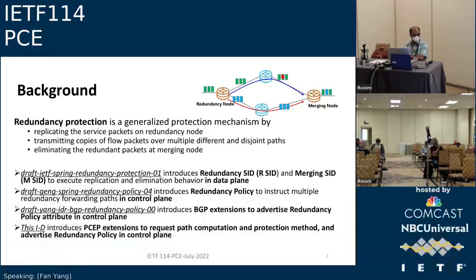The second draft introduced this redundancy policy in the control plane to instruct the multiple redundancy forwarding paths from the controller to the redundancy node. The third draft introduced the BGP extensions to advertise the redundancy policy attribute. And the last one is this draft, the PCEP extensions.